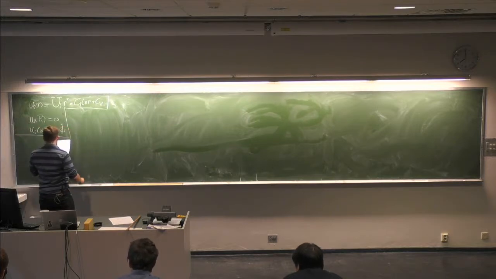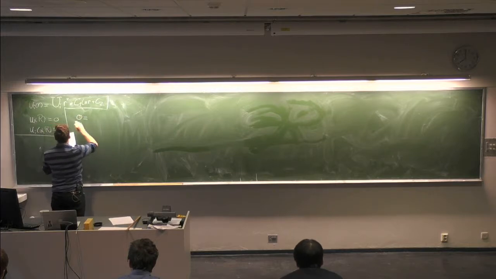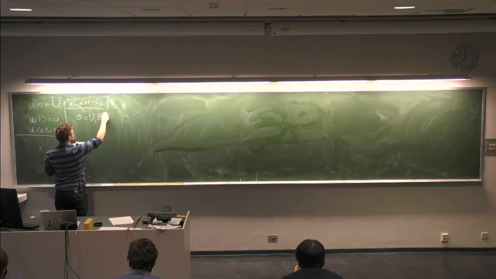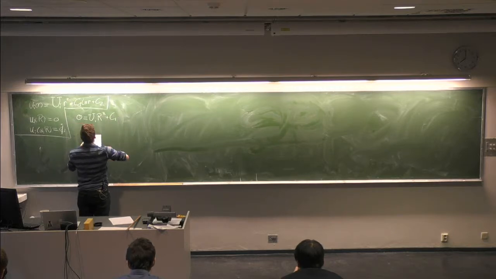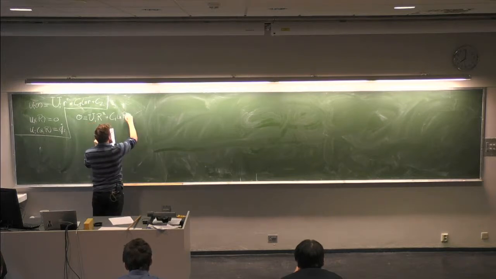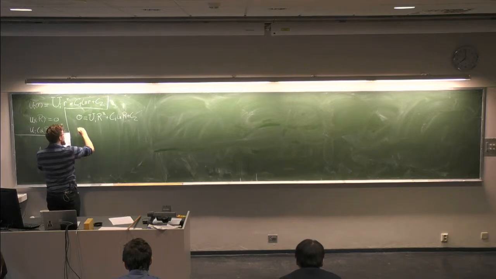That means that U at R is 0 is big U I big R squared plus C1 logarithm of big R plus C2.